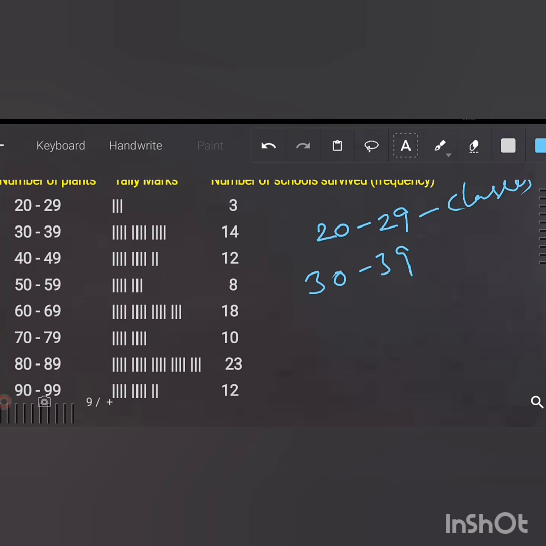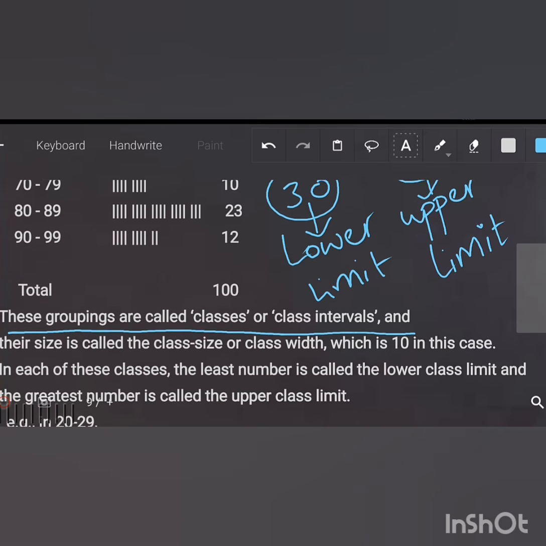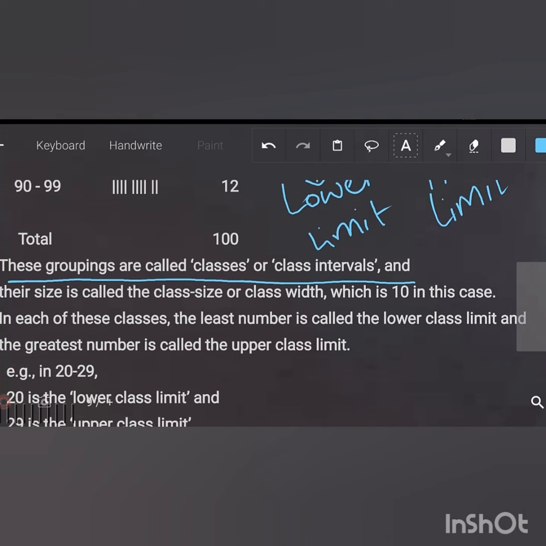In this, let us take 30 and 39. This is called a class or a class interval, and this 30 is called the lower limit, and this 39 is called the upper limit. Then what is the class width?